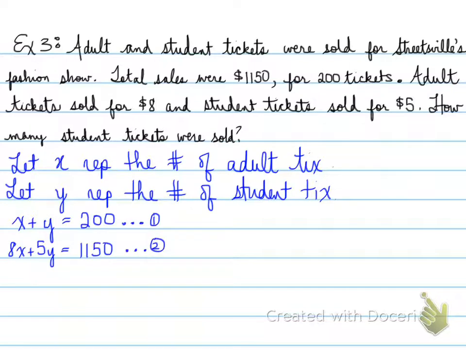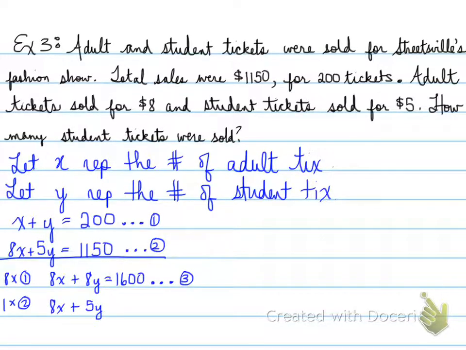We set them equal to 1 and 2. They're aligned already for us, so the next step is to multiply. You multiply equation number 1 times 8, equation number 2 times 1, and we're going to eliminate x here. If you chose to eliminate y, that would be fine too. The whole goal here is to be able to find the value of y.